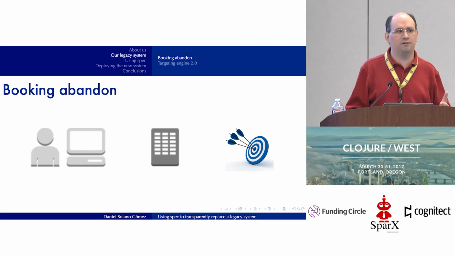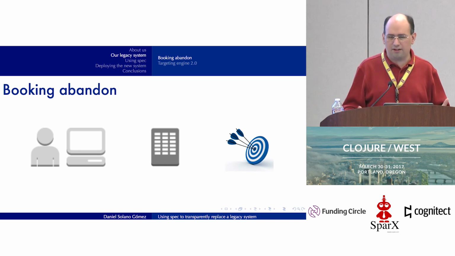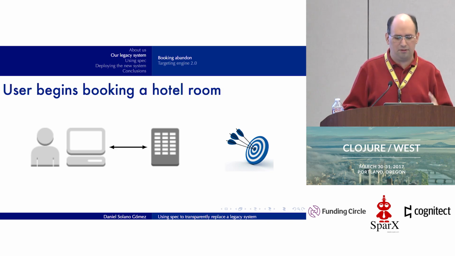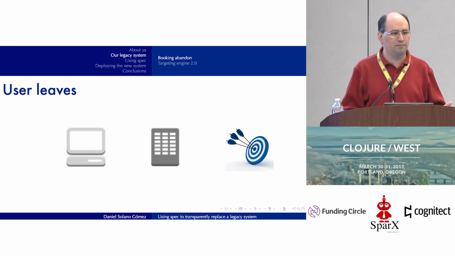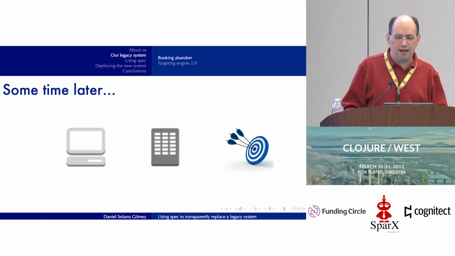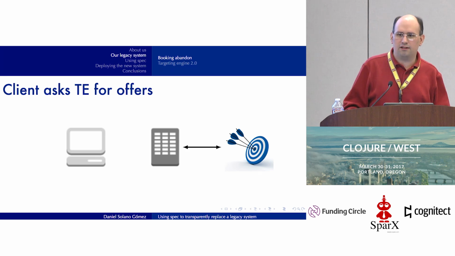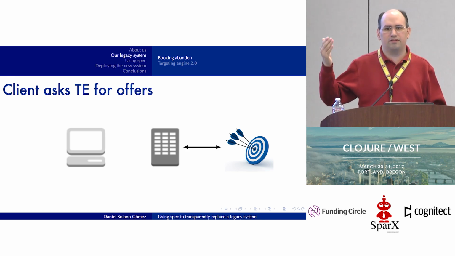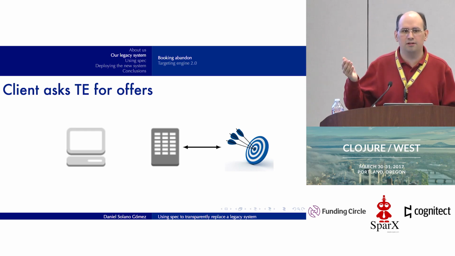So booking abandon is a common pattern where you have a user that goes into a website and starts doing something, in this case, starts booking a hotel room, but for whatever reason, the user leaves. And at some point later, the client notices that there's this booking that was started, but for whatever reason was never completed.